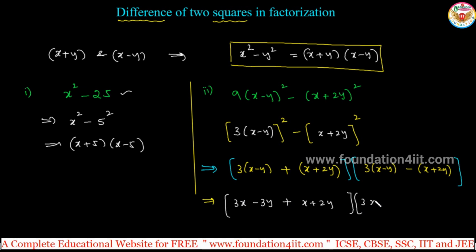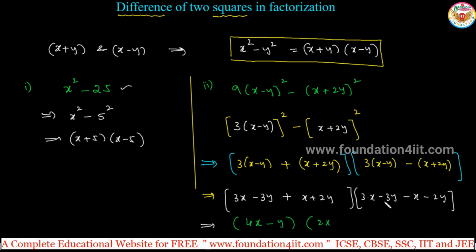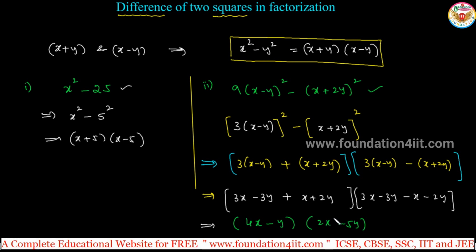Now this is 3x minus 3y minus x minus 2y. More simplification is possible. The final answer: 3x plus x is 4x, minus 3y plus 2y is minus y. 3x minus x is 2x, minus 3y minus 2y is minus 5y. So the given polynomial is the product of the two expressions: 4x minus y into 2x minus 5y. This is one way we can do the difference of two squares.